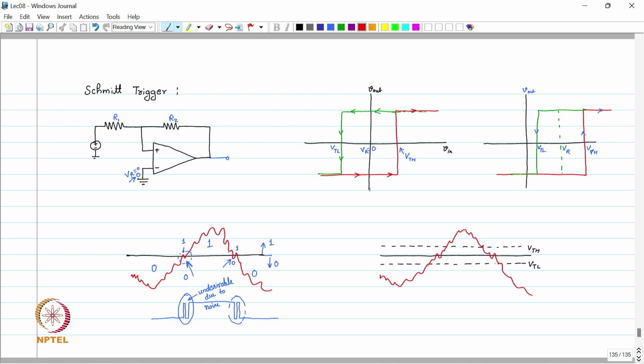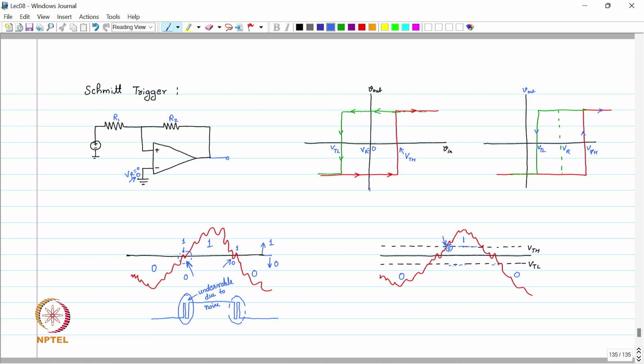So now the high will be detected at this point, not at this point. Even if this signal is going low here for a short while because of the noise, the low will not be detected until the signal reaches VTL. So this small amount of noise will not be detected as a signal, and if we plot the output, this is 0 here, this is 1 here, only after this, and 0 here.